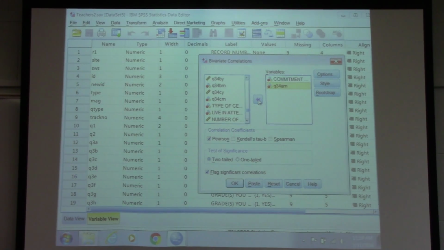I could do that. The other thing I could do is, rather than run a Pearson, there are 2 other options. You'll see Kendall's and Spearman's. You use those with data that are not continuous variables, but are ordinal. That might be like degree level: high school education, some college, master's degree.